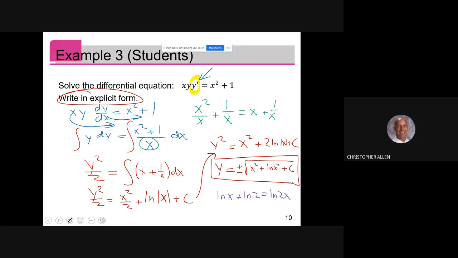Agreed? What if I had the ln of x and then I multiplied it by 2? What's that equal to? That's the ln of x squared. Do you remember that rule? You might say, Mr. Allen, what if I left it like I had it written right there? Would that be wrong? The answer is it is not wrong.